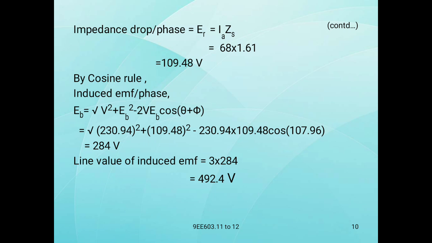By substituting V, ER, theta and phi, we get the induced EMF per phase as 284 volts.